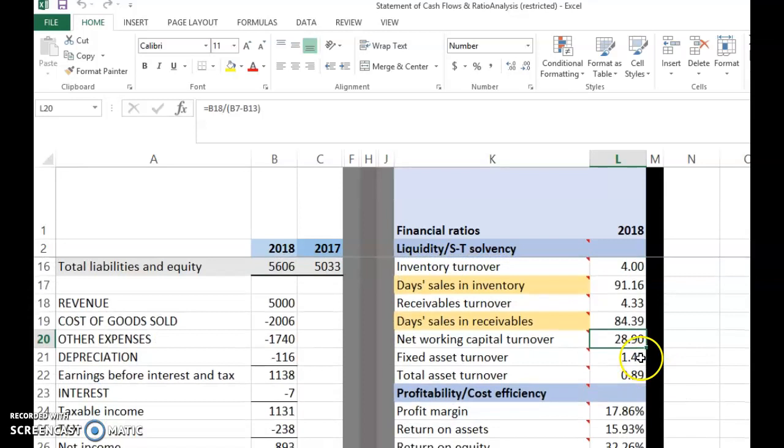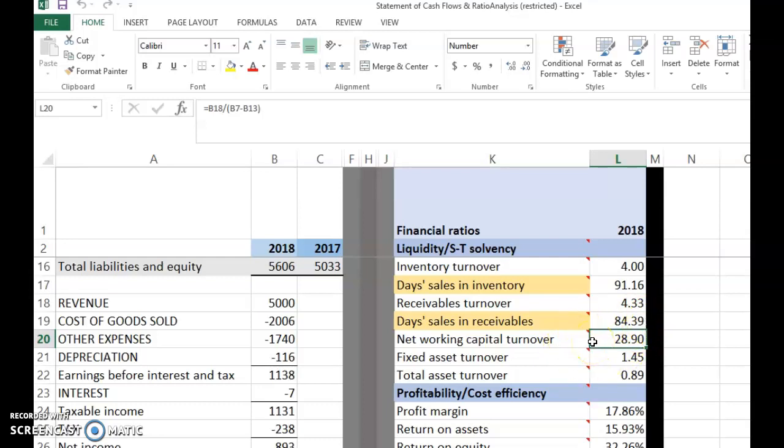So it is 28.90. This is not in number of days. Only these two are days. But this is in multiples, meaning how many times. So the idea here is the sales generated by the company for the year 2018 is 28.90 times the company's net working capital for the year. So that's how you interpret this.